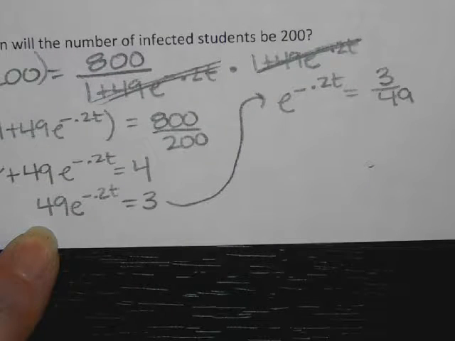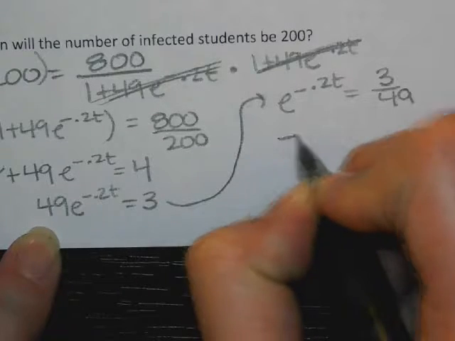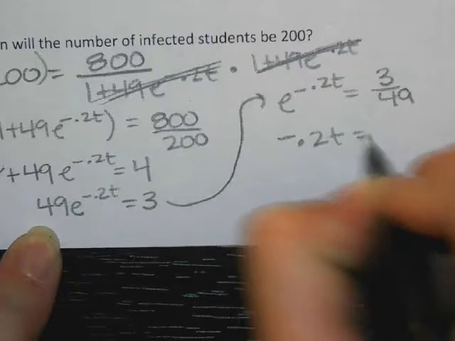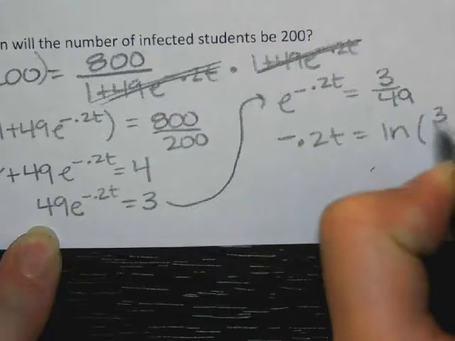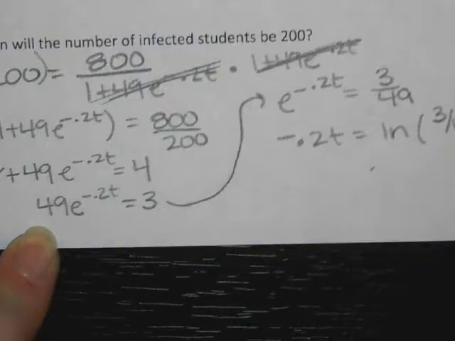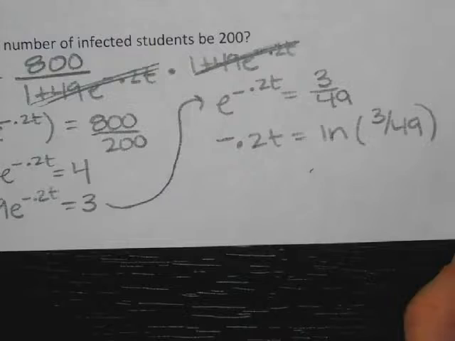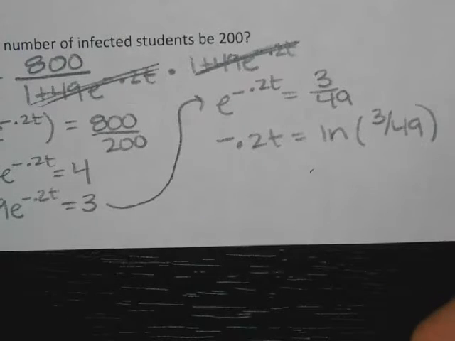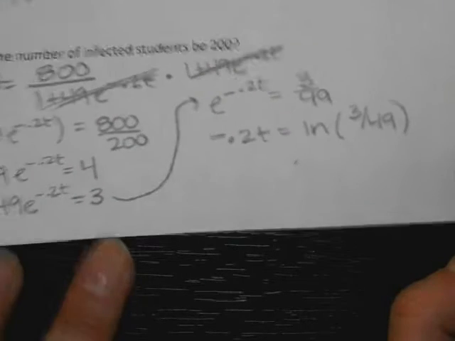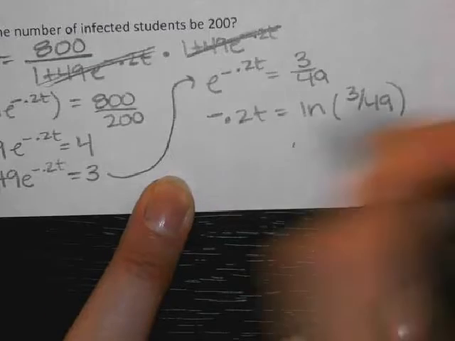And now we're going to ln both sides. So did it start to feel familiar there towards the end? Yeah, like we've been working on this. So we have negative 0.2t equals ln of 3 over 49. Divide by negative 0.2.